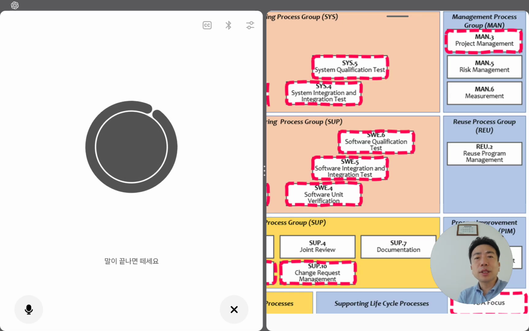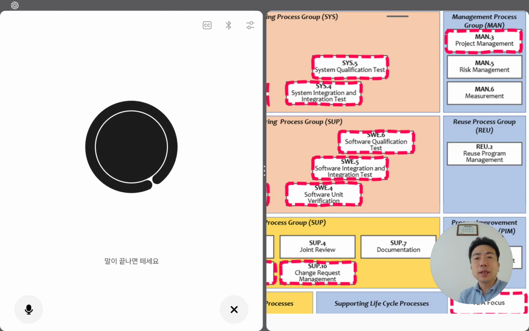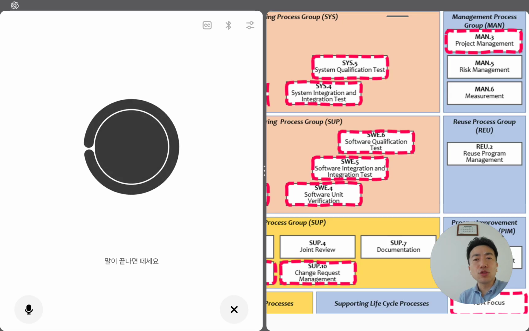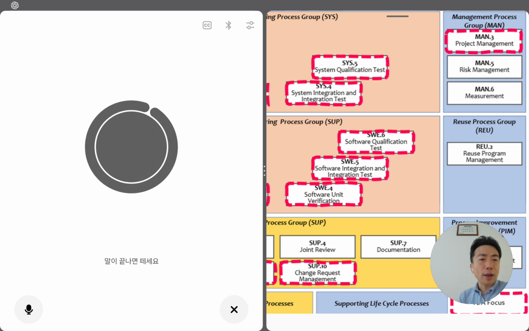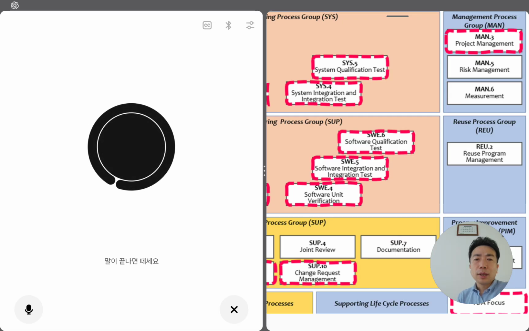Think of IATF 16949 as the factory and quality system standard. It defines what a company must have to ensure consistent production and quality control. Meanwhile, ASPICE lives in the engineering world.